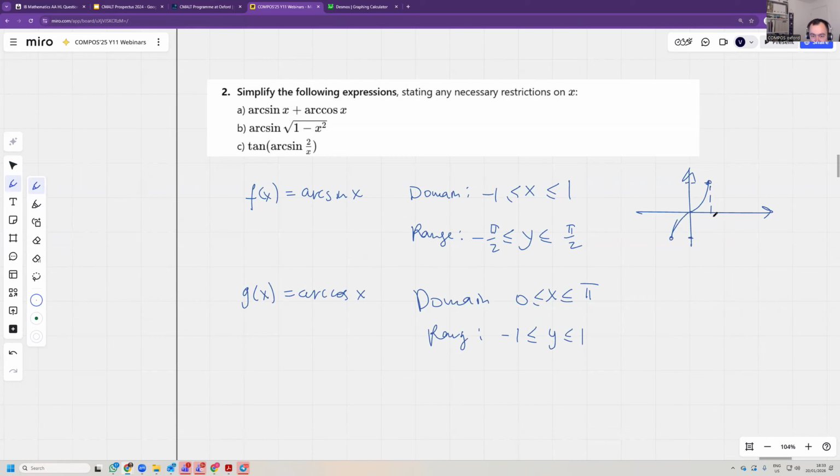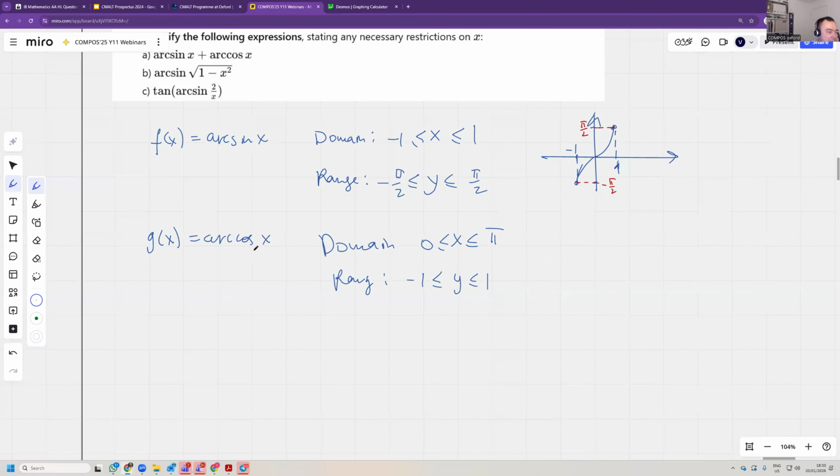Okay, so this is the arcsine function. This is 1. This is -1. Then this is minus pi over 2. And this is pi over 2. Now for arc cos, the domain is -1 to 1, and the range is from 0 to pi.